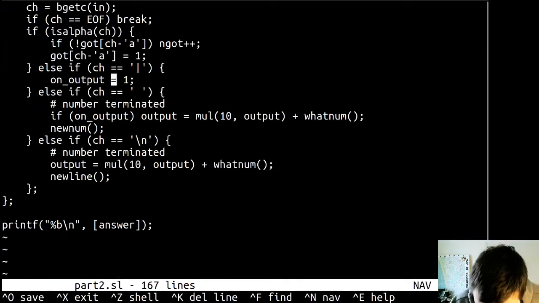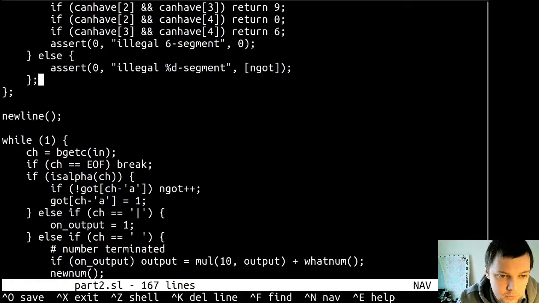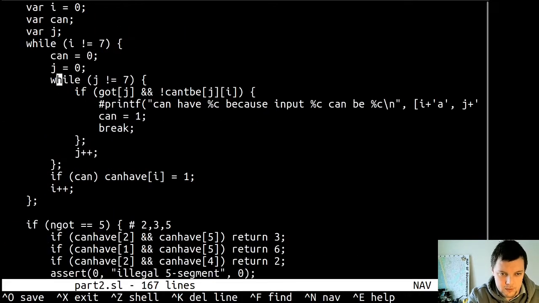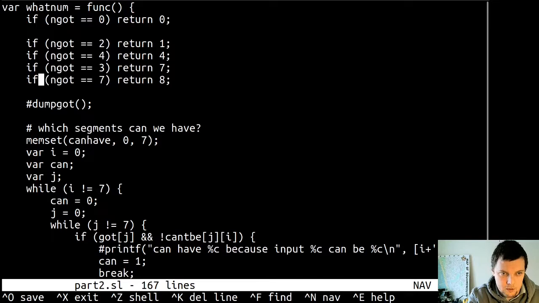Okay, and we need to depth first search the mapping of segments.